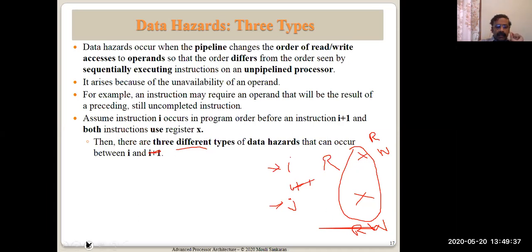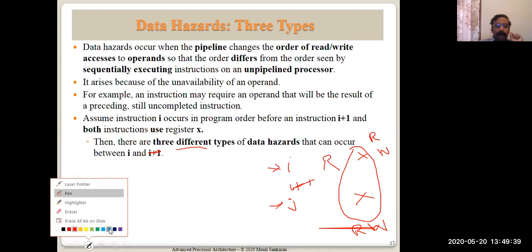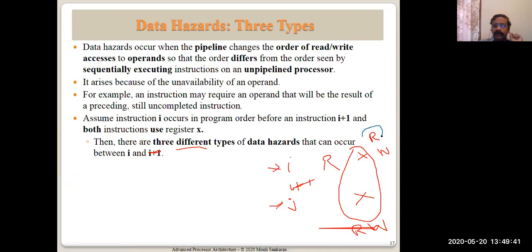Imagine I wants to access X for a read purpose and J also wants to read X. Both are reading from X. Is there a problem? Whatever order you do, provided no changes are happening to the register X, you can read it in any order you want.